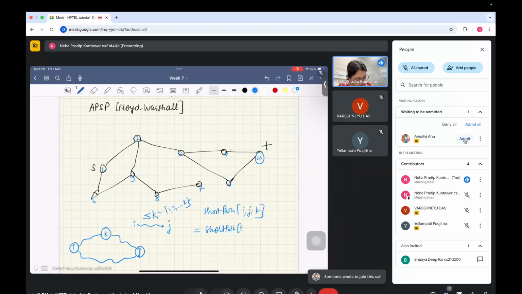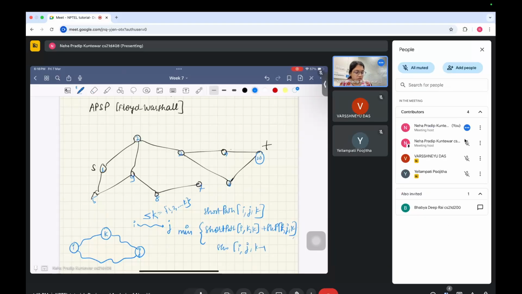So it's the minimum of the shortest path from i to k using nodes up to k plus the shortest path from k to j using nodes up to k, or it's simply the shortest path from i to j using up to k minus 1 nodes, because it does not use the node k.